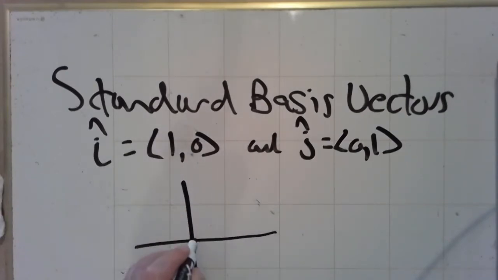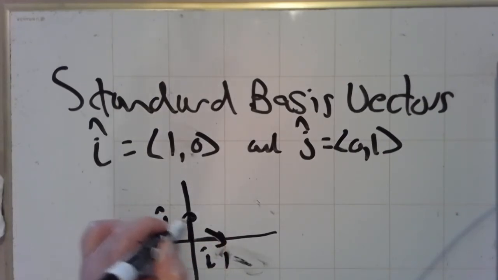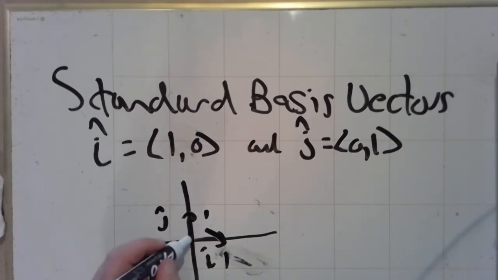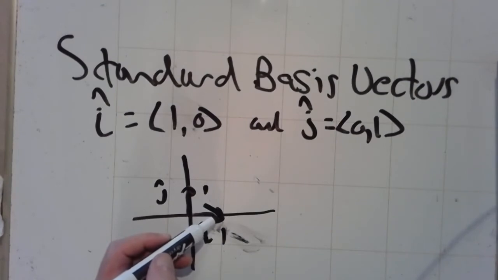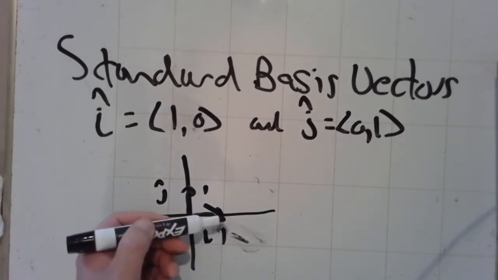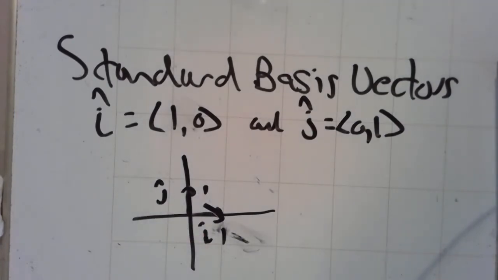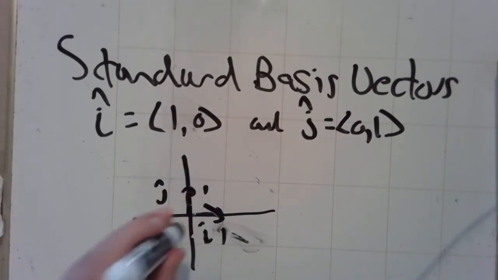I hat points toward the point in standard position (1, 0). J hat points toward the point (0, 1). I hat points along the x direction, j along the y. If we went up one more dimension, k would point straight up the z-axis.